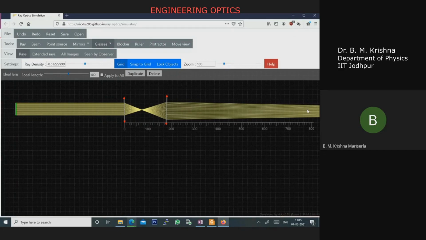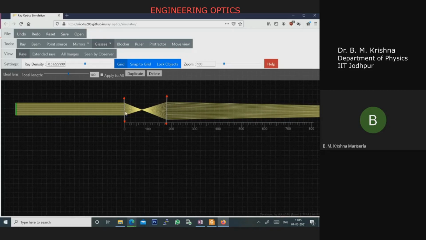For example, if I want my beam size bigger, you expand the beam size, or you down-collimate it, that means you reduce the beam size. Using a combination of lenses, you can do that.